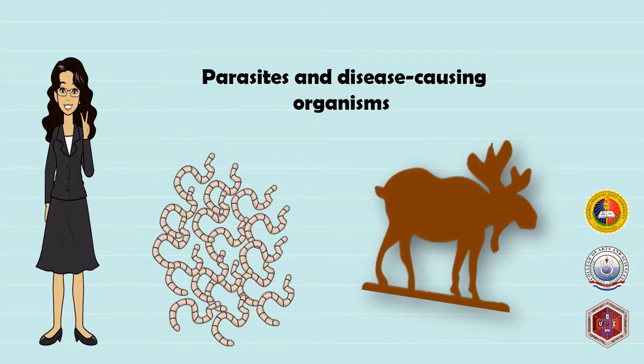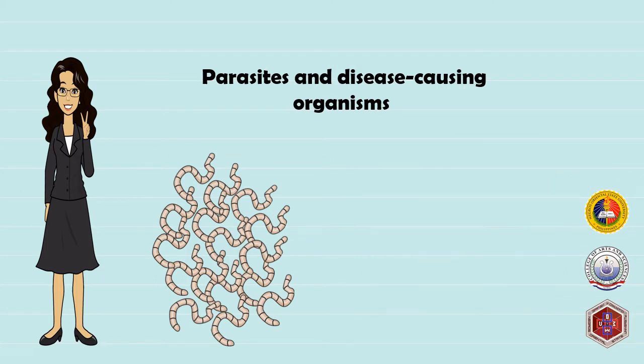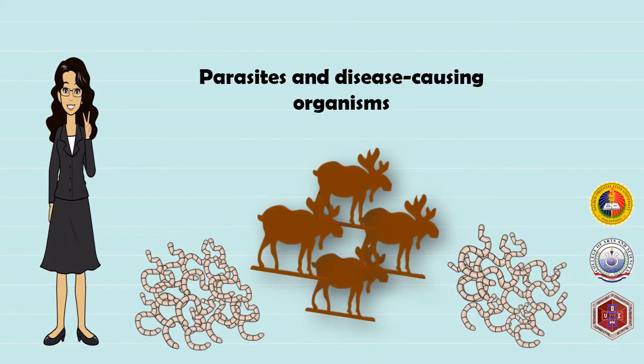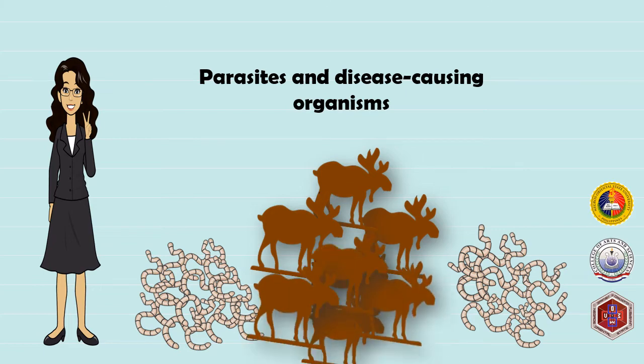For instance, they feed at the expense of their host, weakening them, causing them disease or death. The limiting factor depends on how many hosts there are. The larger the host population, the more easily parasites can spread from one host to another.